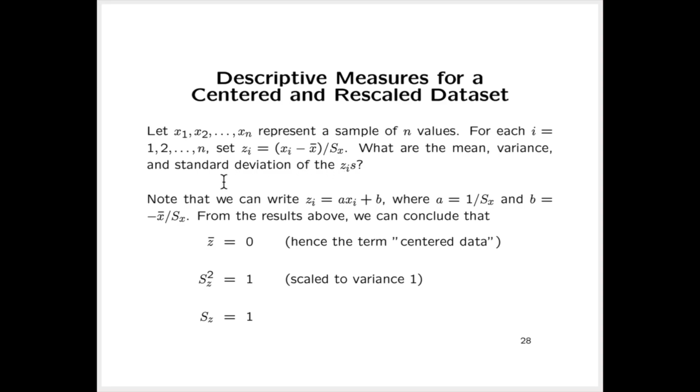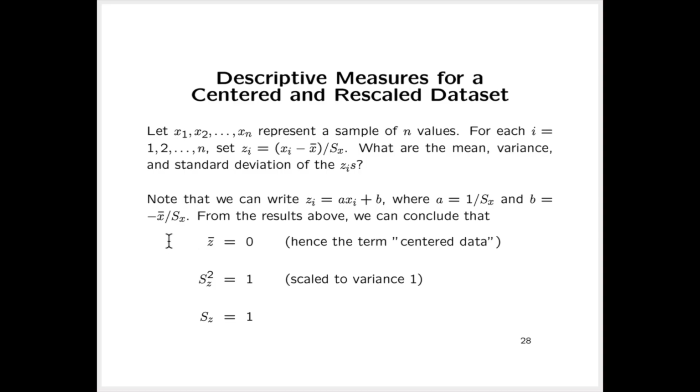Now note that we can write z sub i as a times x sub i plus b. In other words, we can write this new variable as a linear transformation of the x's in this way, where a is equal to 1 over s sub x, and b is equal to negative x bar over s sub x.